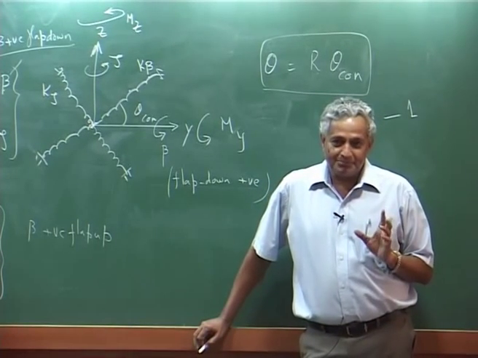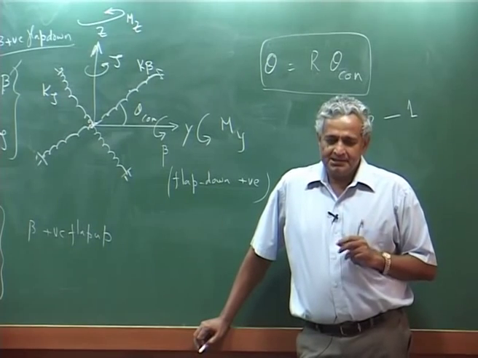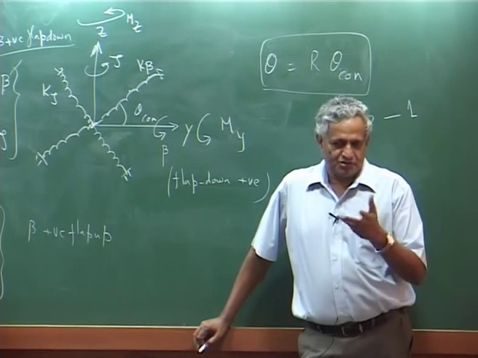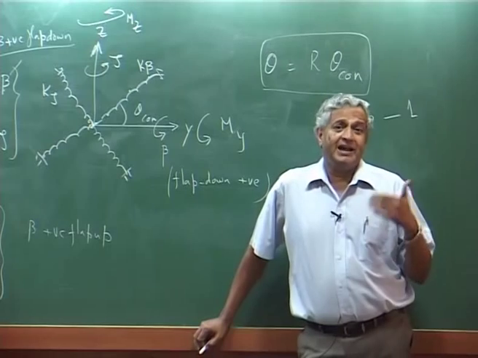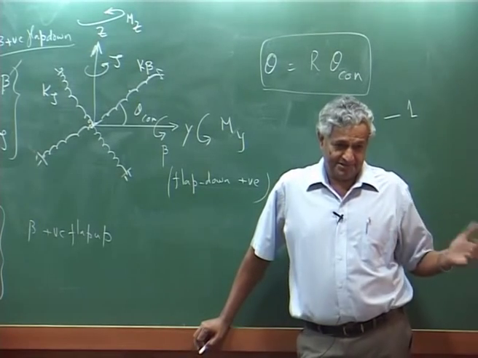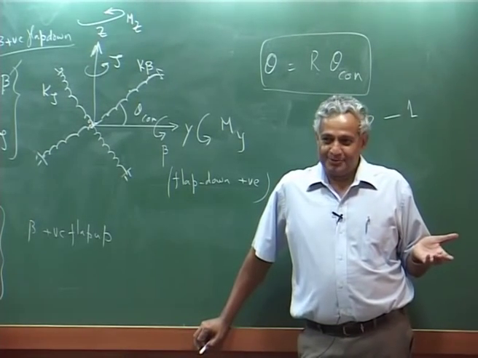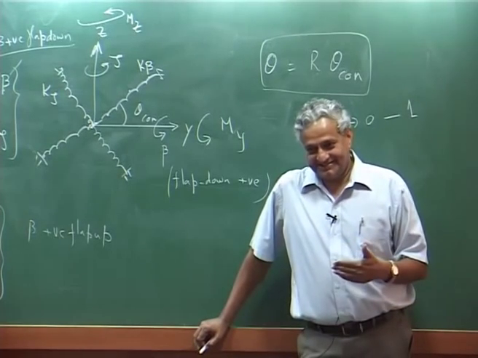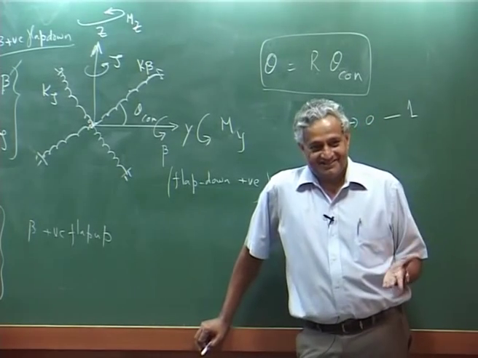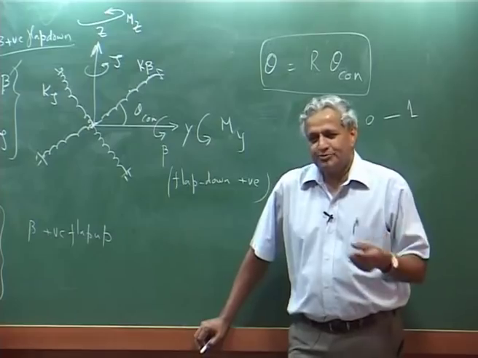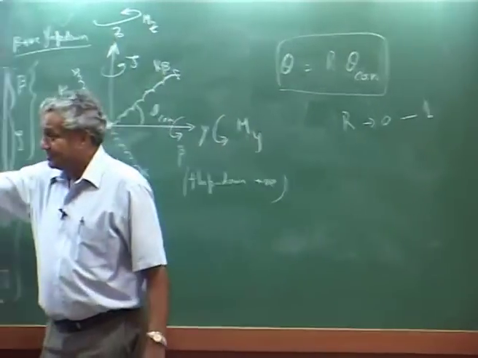But normally the lag stiffness, the lead lag stiffness, is much higher than the flap stiffness in the design of the blade. You try to reduce it, but this coupling will still affect.